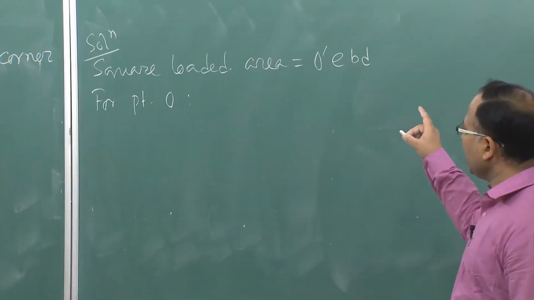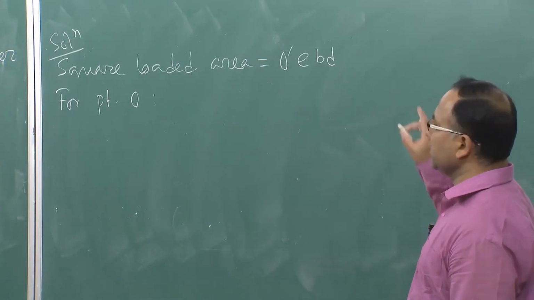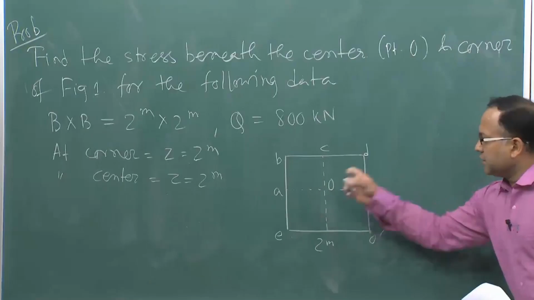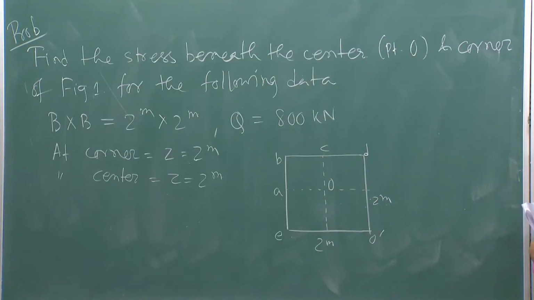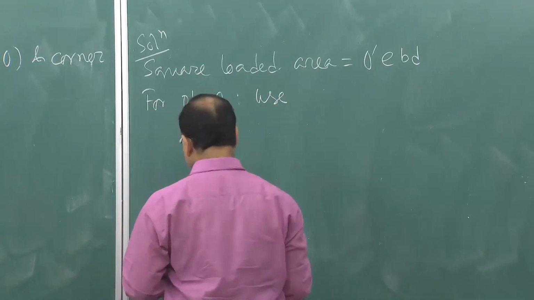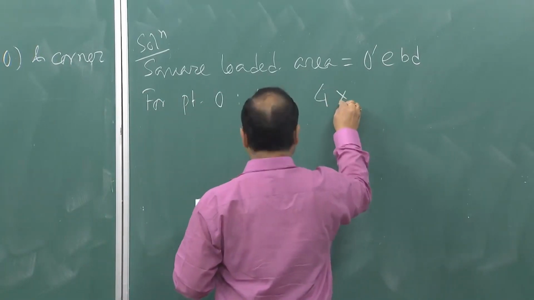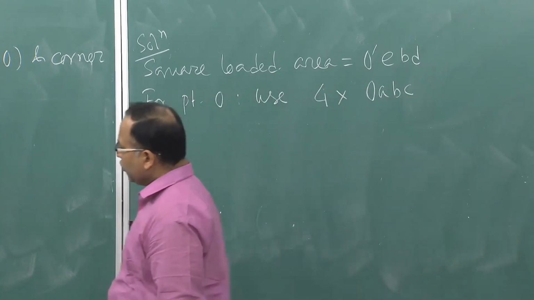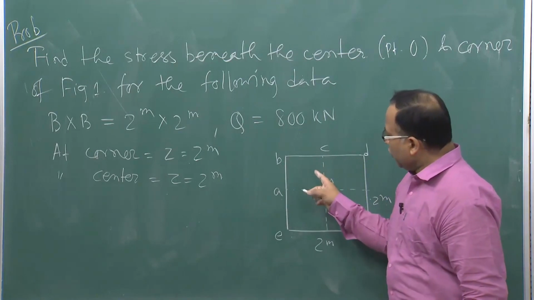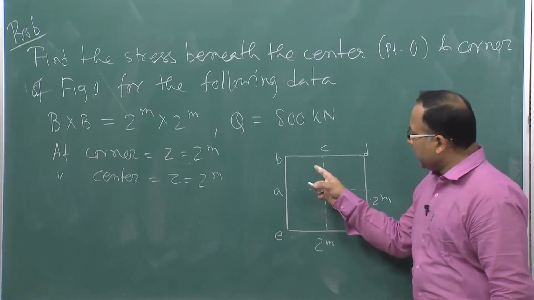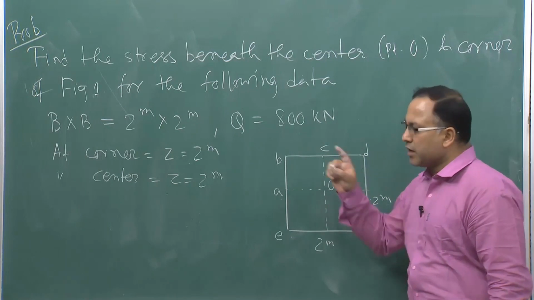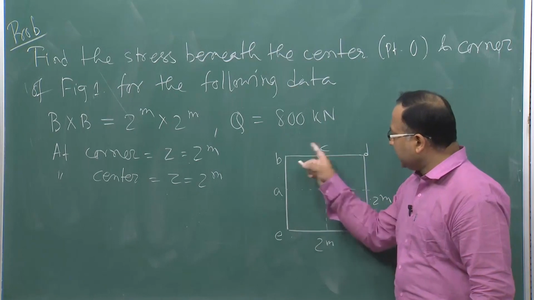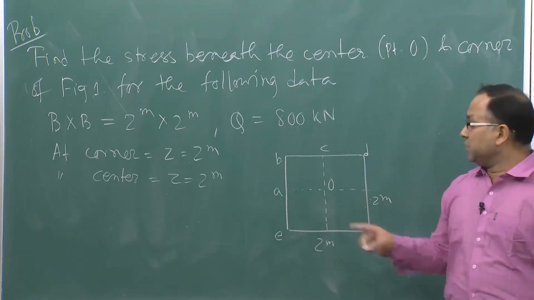So, the total square loaded area is O prime E B D. Now, for point O, we can use 4 times OABC. So, we are discretizing the whole square area into 4 different square areas, and once we consider area OABC, O is coming as the corner of this area.